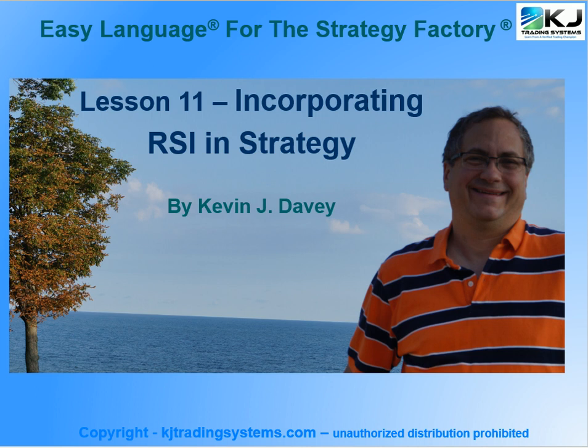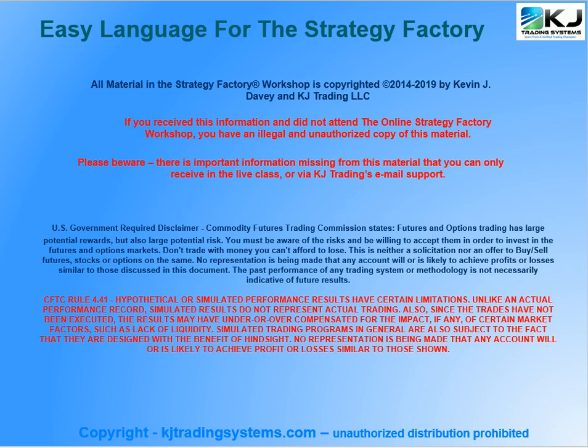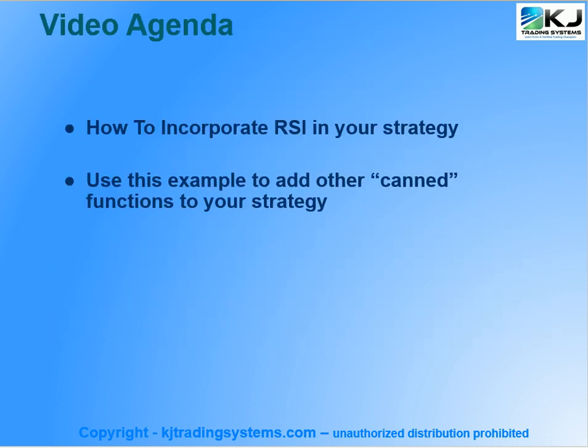Welcome to Easy Language for the Strategy Factory, Lesson 11, Incorporating RSI in a Strategy. So the agenda today, we're going to incorporate the RSI into our strategy, and then we're just going to talk about how you would put in other canned functions.